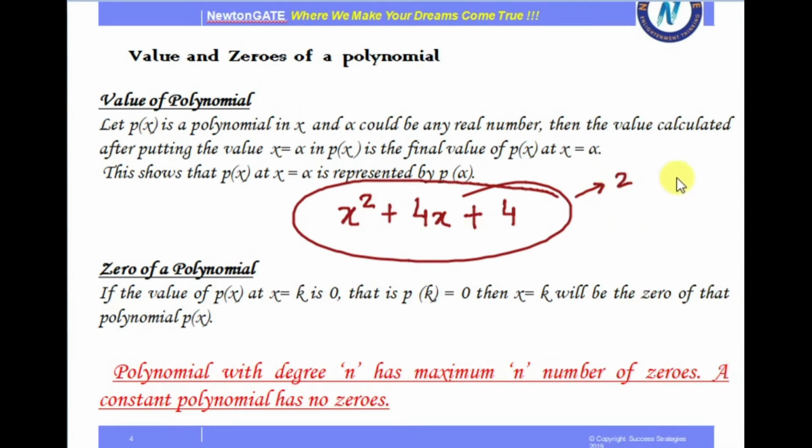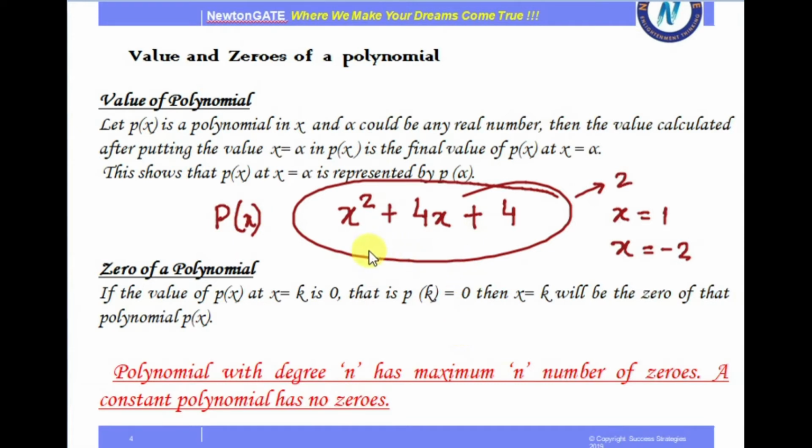We want to discuss what is the value of a polynomial and what exactly is the zero of a polynomial. So let me take two values here. One, I am taking x equal to 1, another I am taking x equal to minus 2. Let us put both these values in this polynomial, which I am naming P(x).